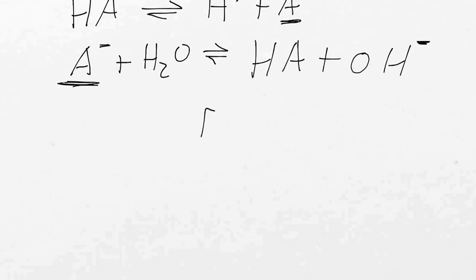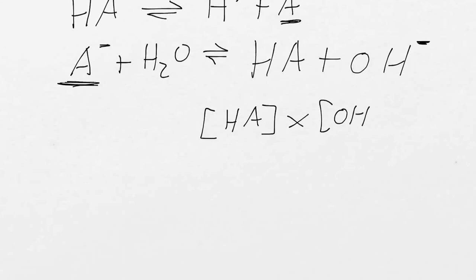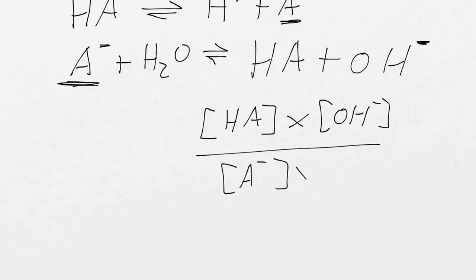Well, we can write HA times OH minus divided by A minus times H2O.